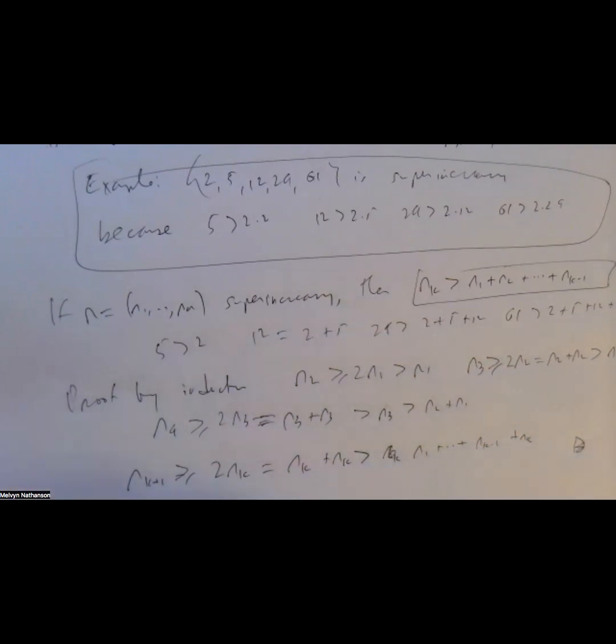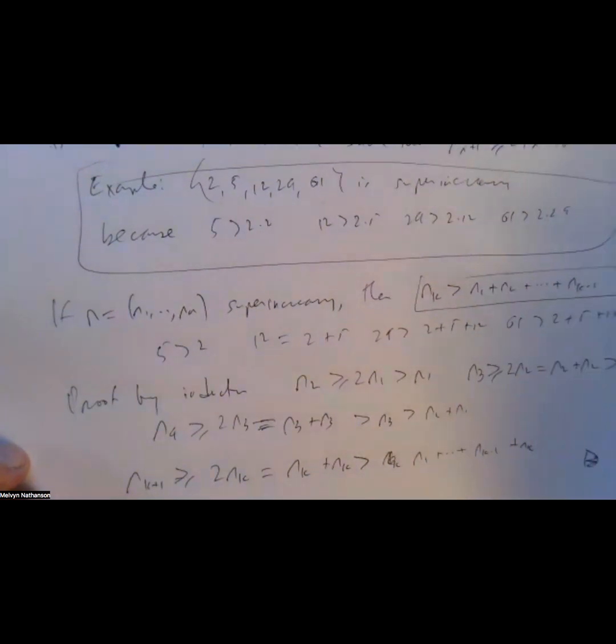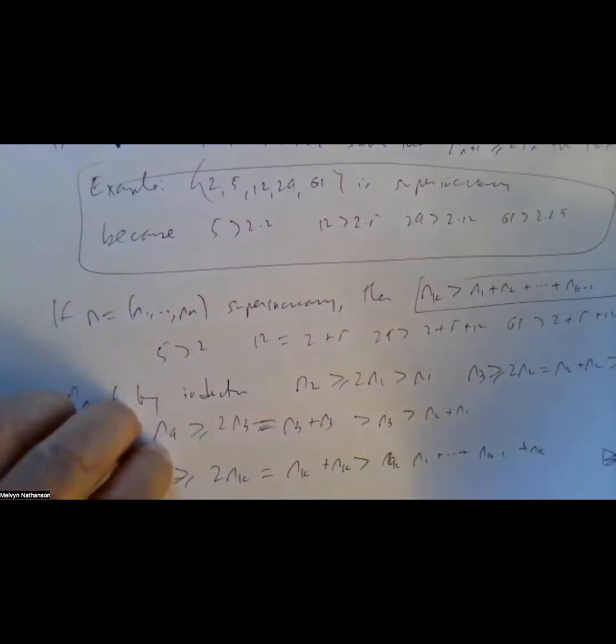So in a super increasing sequence, each term is strictly larger than the sum of all of the previous terms. And if you have a super increasing sequence, there's a simple algorithm to decompose a subset sum.